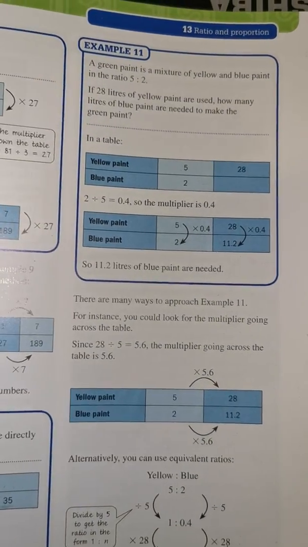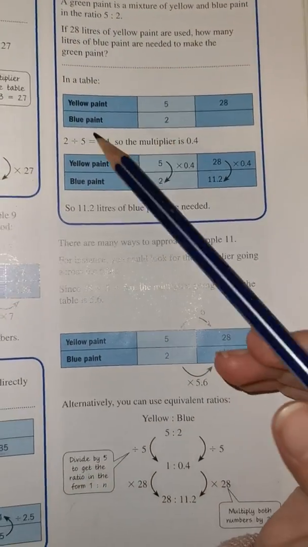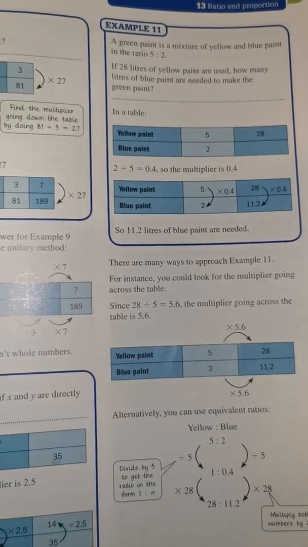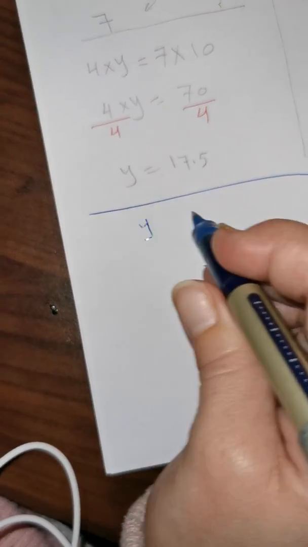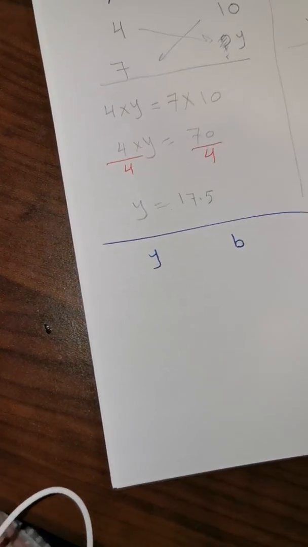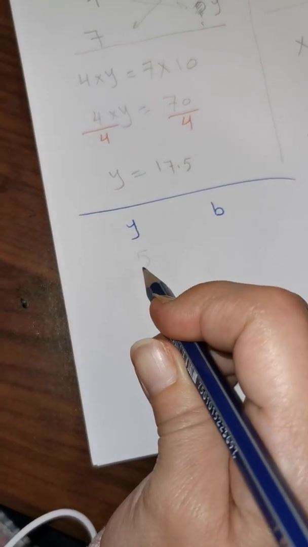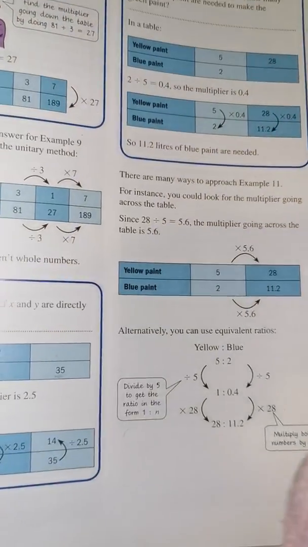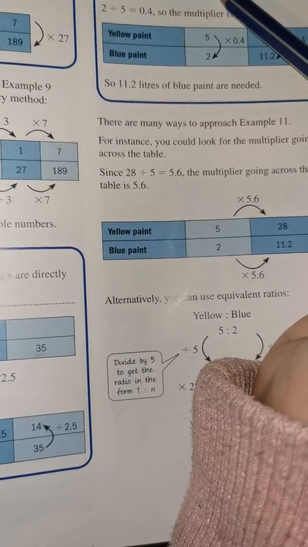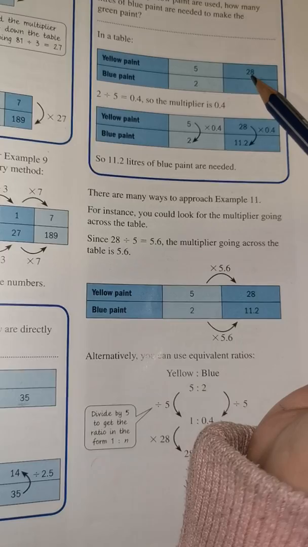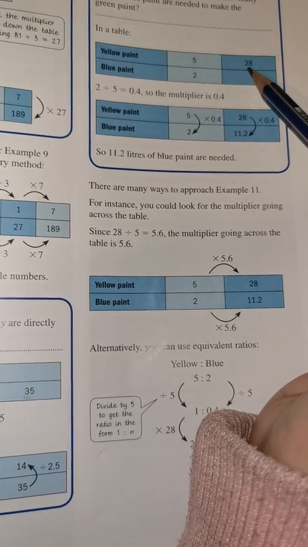If the yellow paint is 5, the blue paint will be 2. So we have yellow and blue. If the yellow is 5, the blue one will be 2. Where did I get the values from? From here. Okay, what if the yellow is 28?